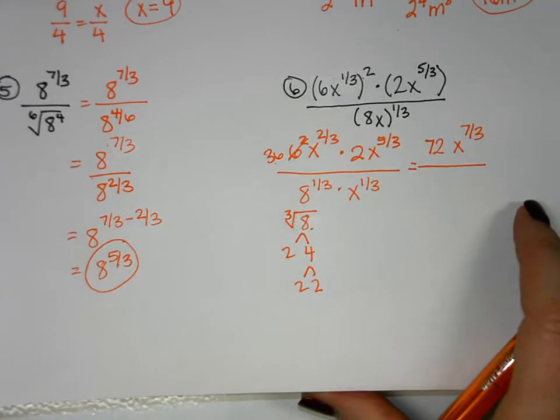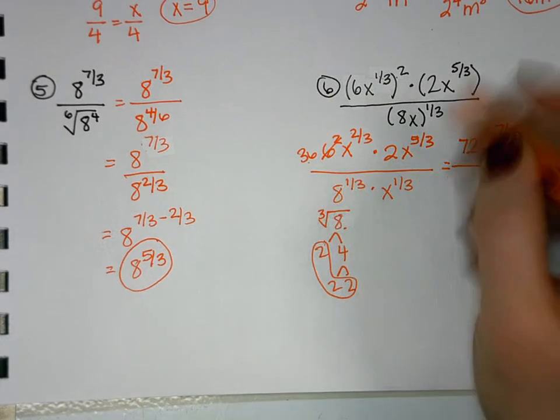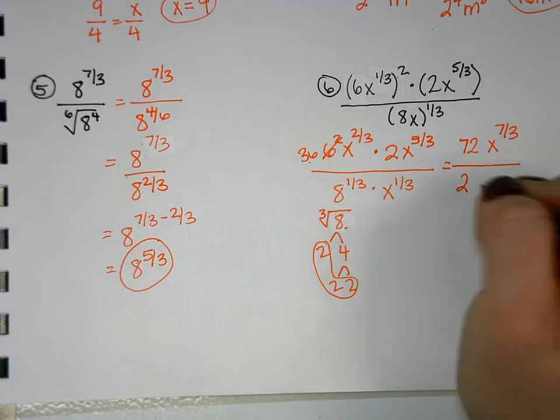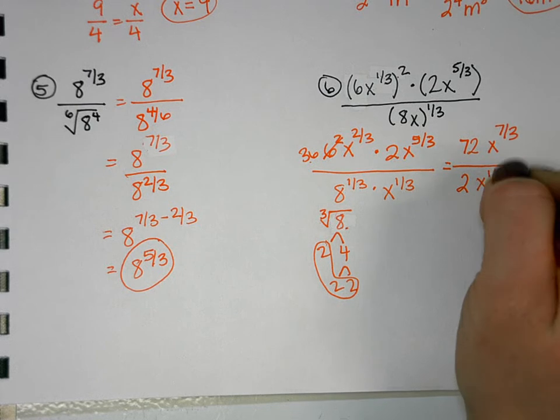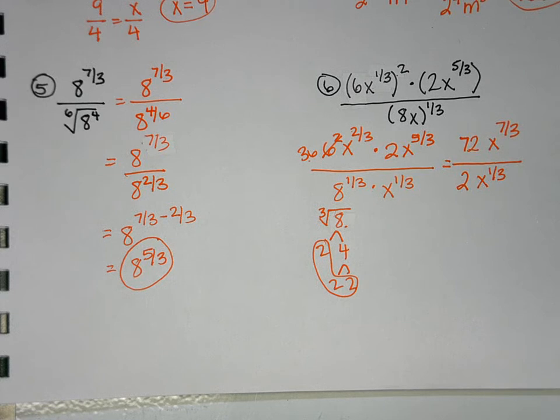Yeah, we have 3 2's. So I can rewrite this 8 to the 1/3 as just 2. And then I still have my x to the 1/3. So sometimes if you have a fractional exponent on a number, it's helpful to change it to radical to see if you can reduce it.